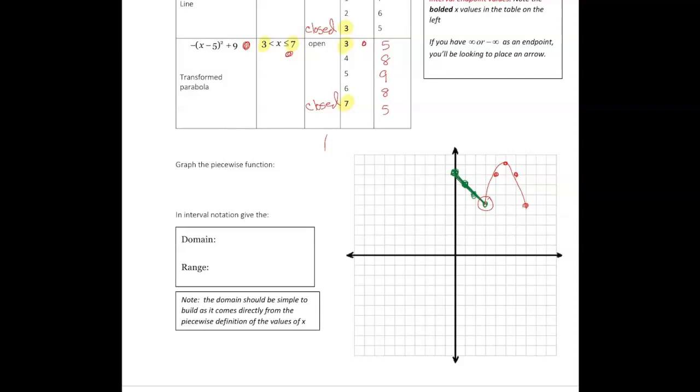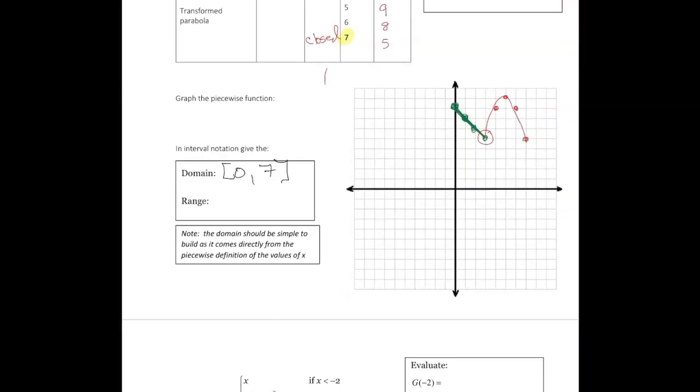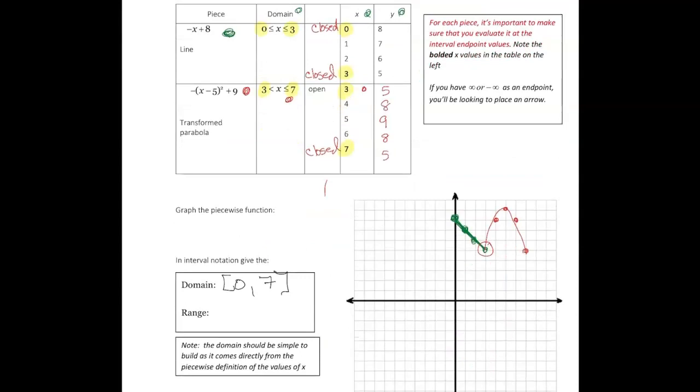So that means that my domain is going to be with brackets because I can equal these terms, 0 to 7 bracket. Okay, let's look at the range. The lowest number I can get to is this one right here. So I'm going to start at 5, and then the highest one I can get to is this right here, which is 9. I can equal both of those. So my range is 5, 9.